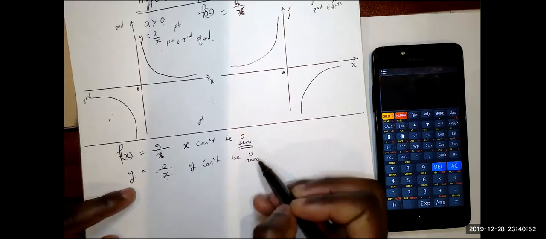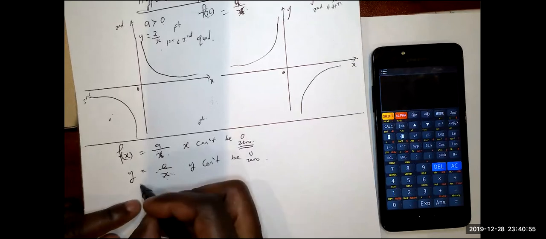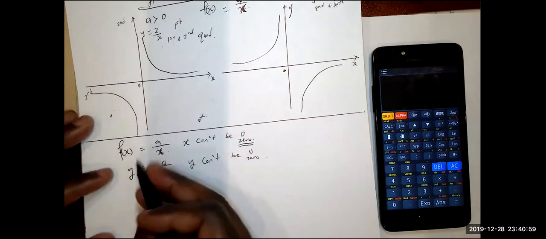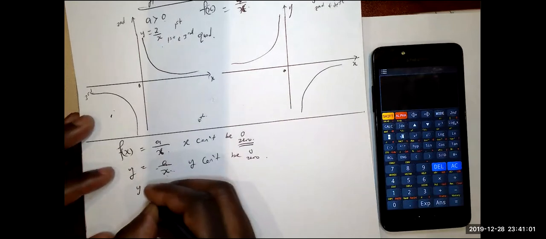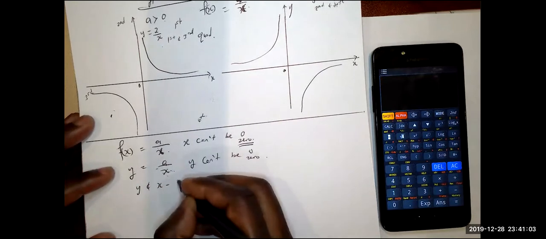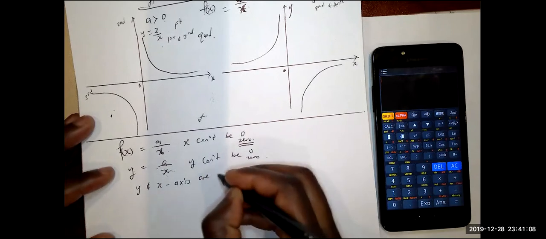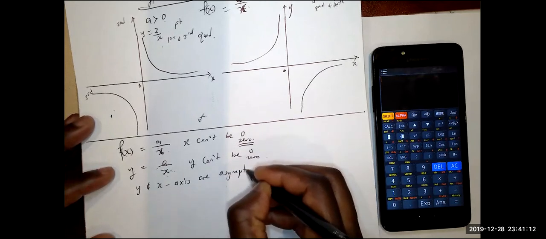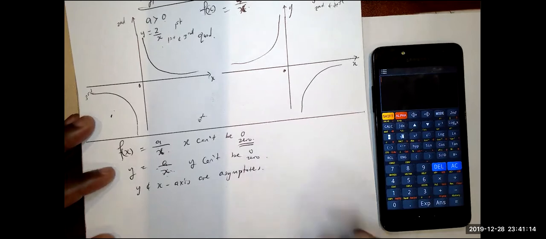So the asymptotes, where the graph doesn't touch, are both the x-axis and the y-axis. That's what you need to remember.